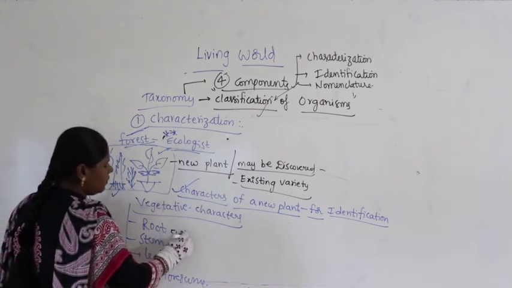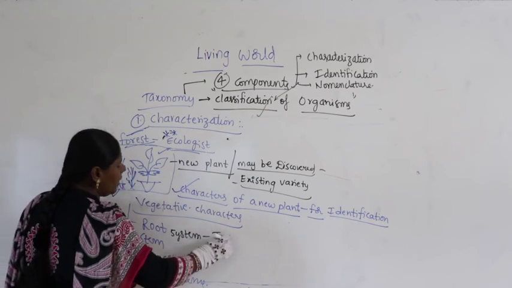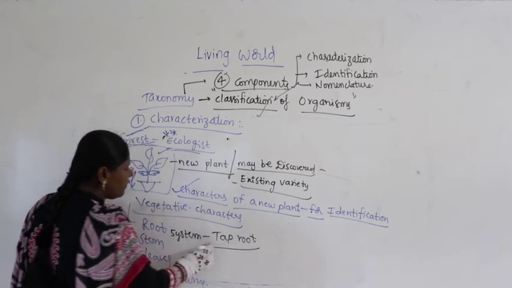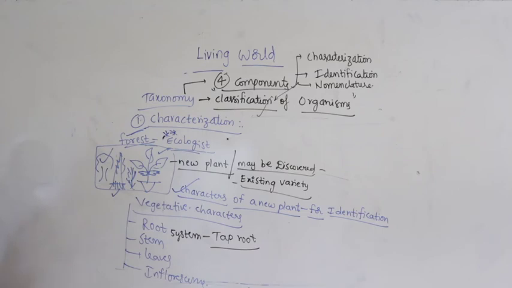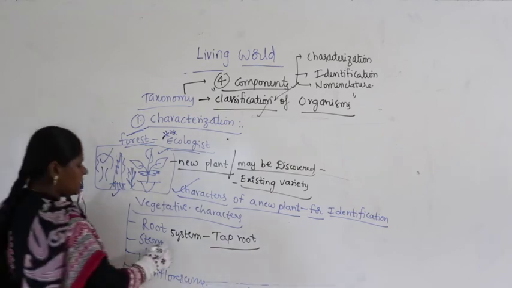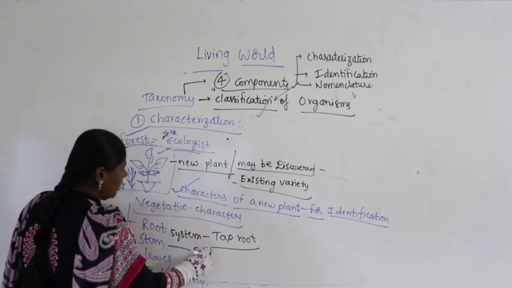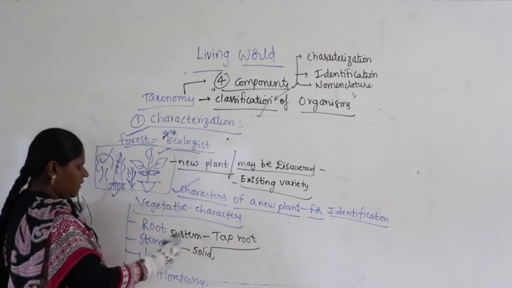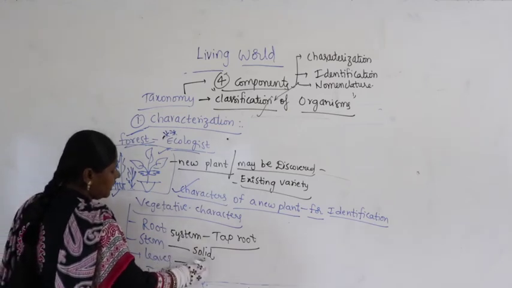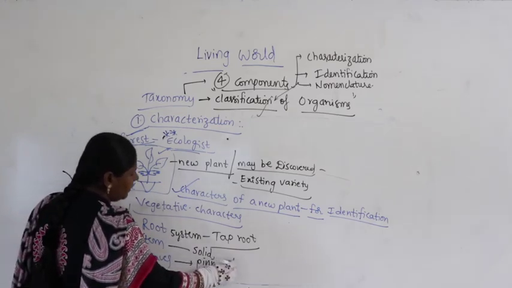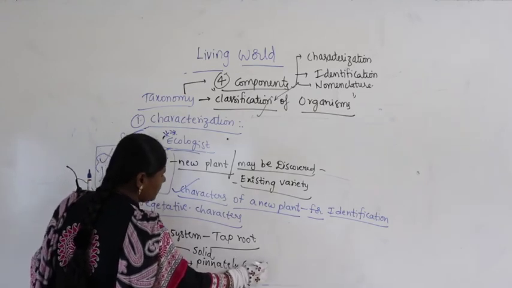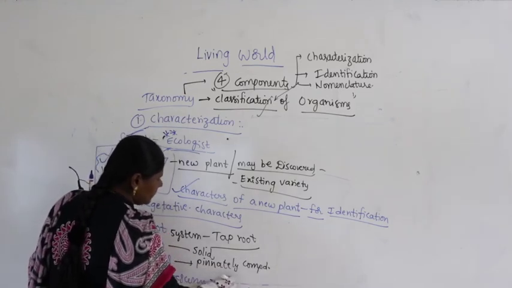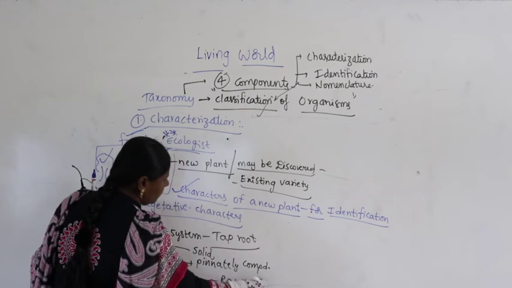Maybe it is a tap root, so he will note down that this new plant has a tap root. Maybe the stem is solid, colloid or striate, whatever it may be. Leaves are, for example, pinnately compound. Maybe the inflorescence is racemose.